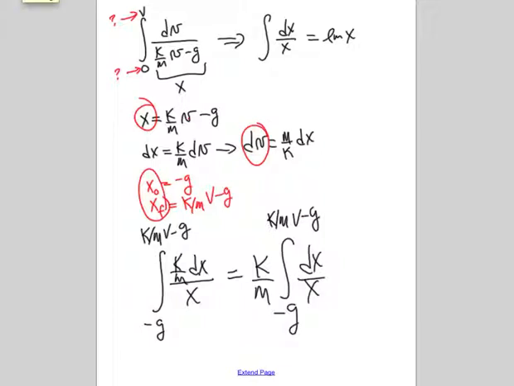And that is just equal to m over k times the natural logarithm of x evaluated at my two limits. And now all we need to do is plug them in and evaluate them.